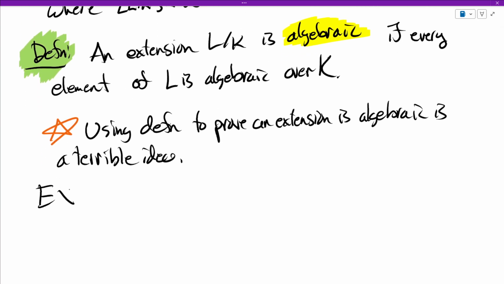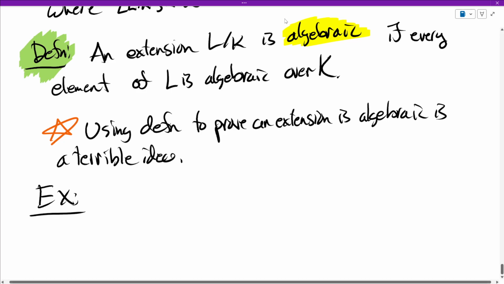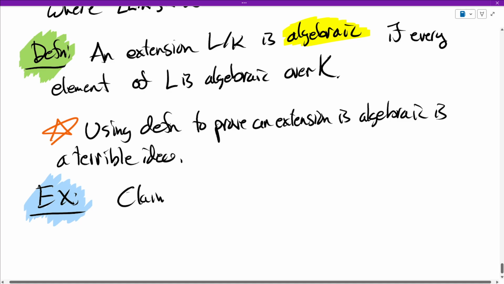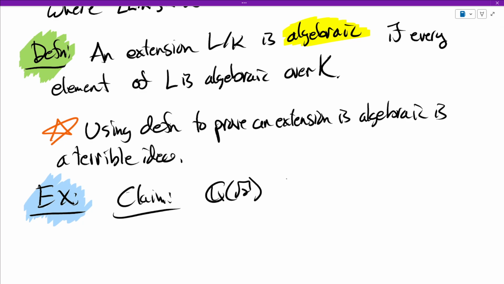So, example. I claim that Q adjoin root 2, this is the most innocent extension that we have, right? Q adjoin root 2 over Q. This is the simplest non-trivial extension in this class, or adding any root.